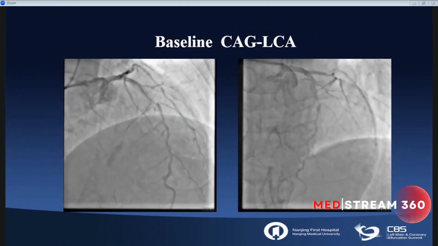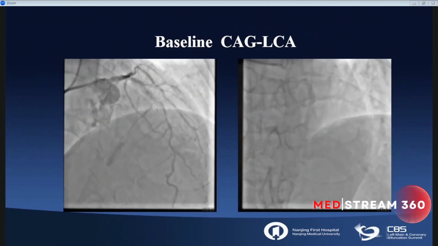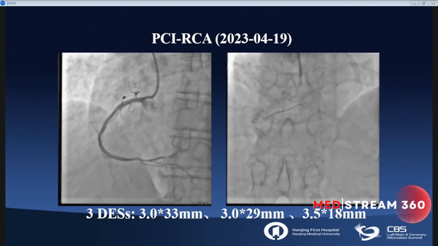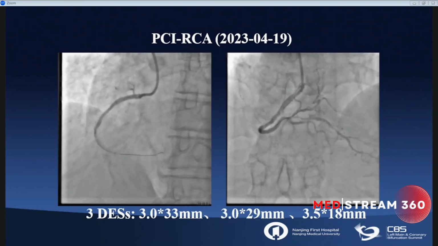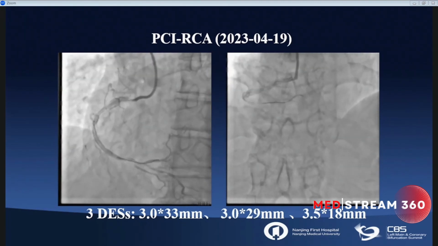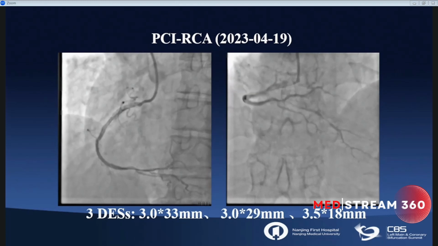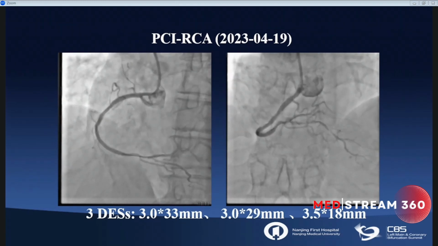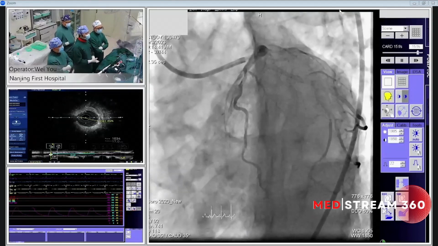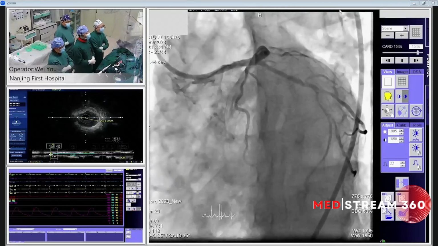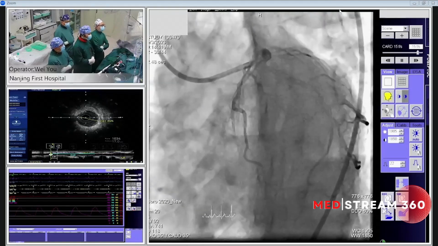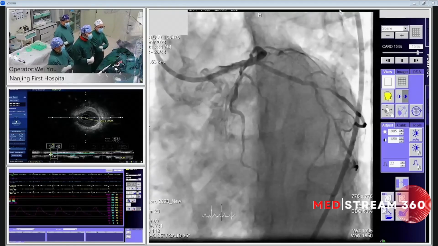This is the previous CAG result. We used 3 stents to treat the proximal and middle segment of the RCA. As you can see, the patient is high-risk and right dominant, and we performed the previous PCI with 3 DES to cover the LCX disease.